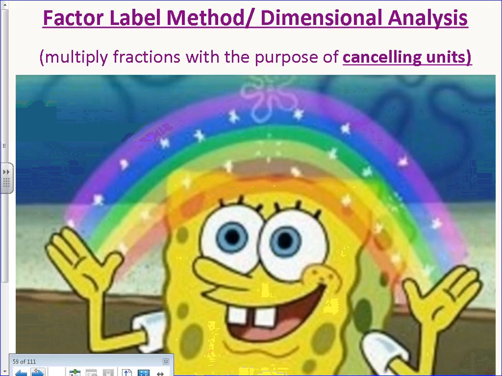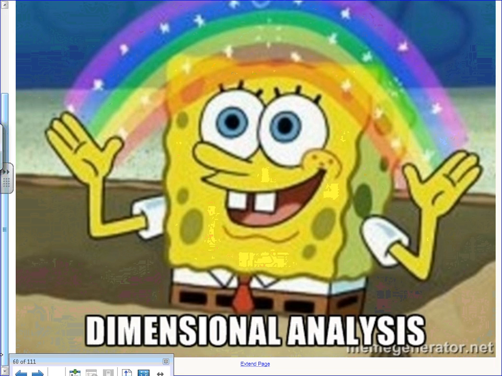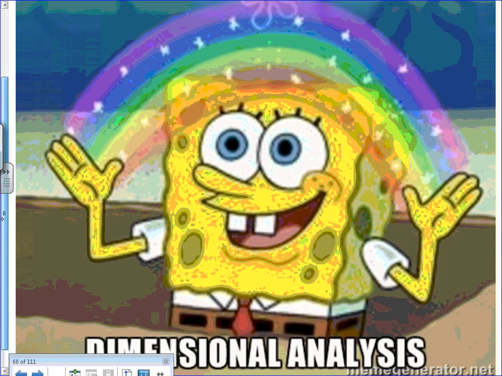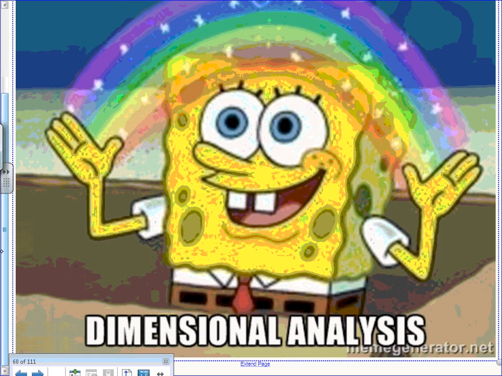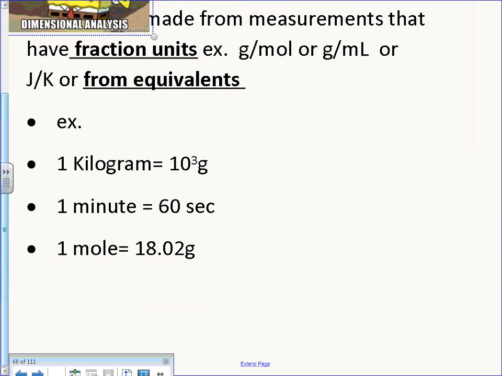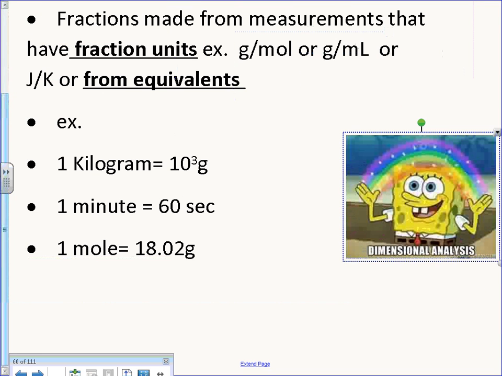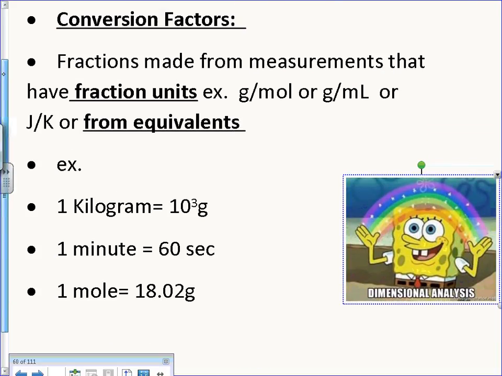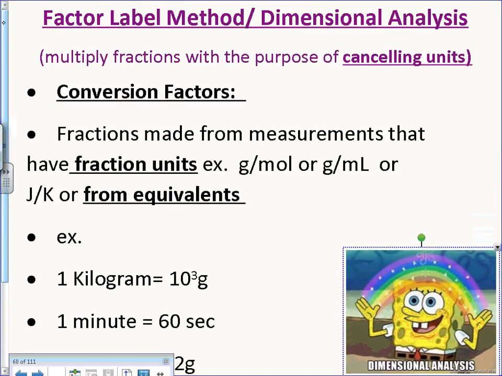Okay, let's keep up. Let's talk about dimensional analysis. Oh, you can't even see dimensional analysis. We have two names for this. Let me get SpongeBob out of the way. Bye, SpongeBob. Two names for it: factor label method and dimensional analysis.